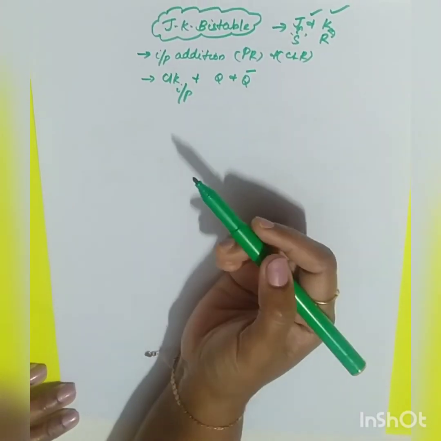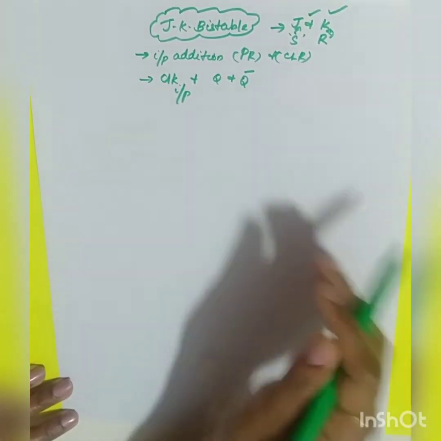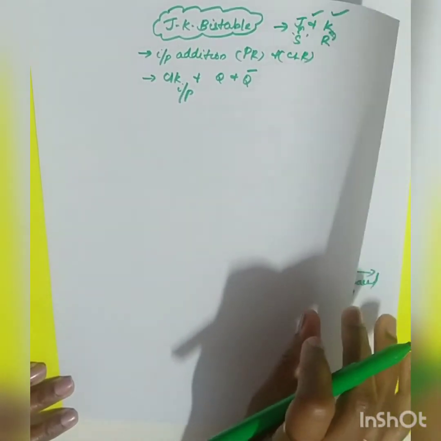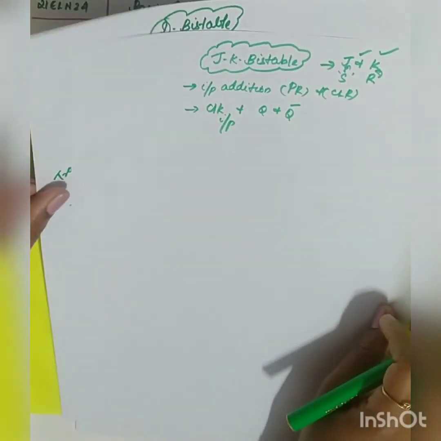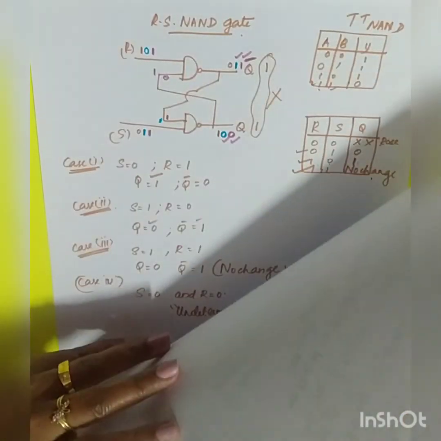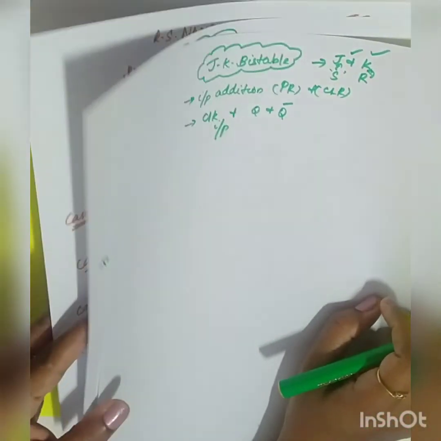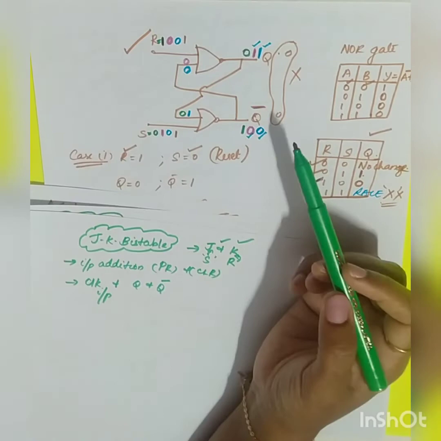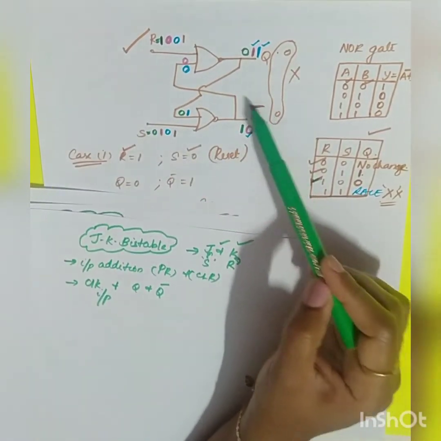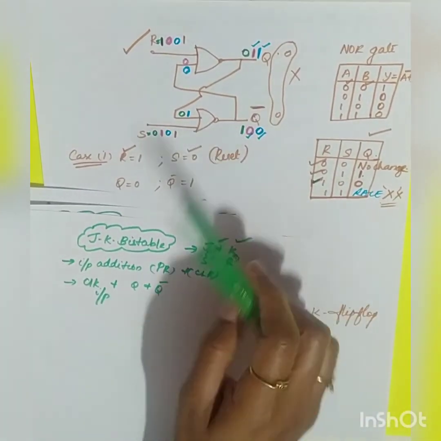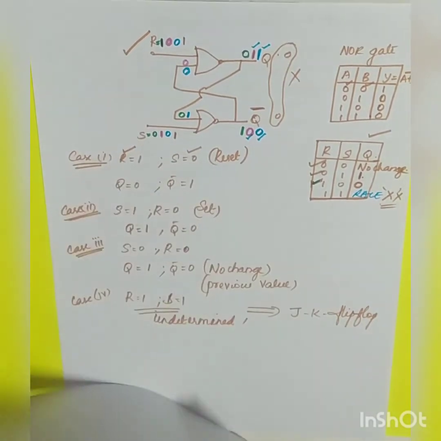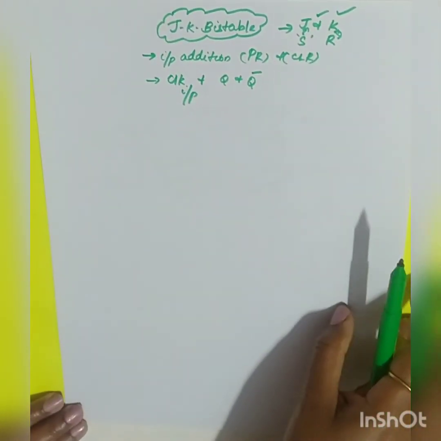Now if I draw the diagram of the JK flip-flop, let me take the diagram of the RS flip-flop using NOR gates. In that I am going to modify your diagram, so the same RS flip-flop I am going to modify into a JK flip-flop. Let us first draw your RS flip-flop.